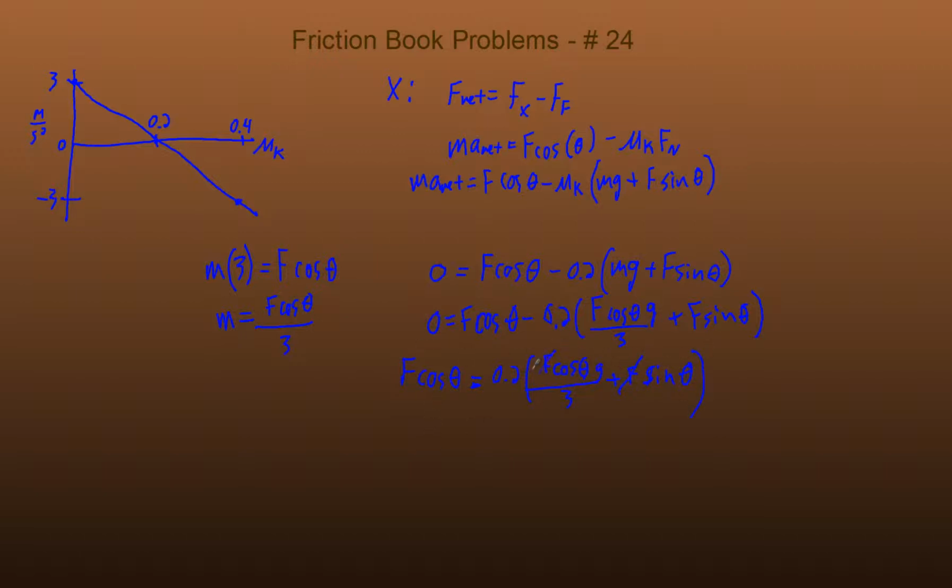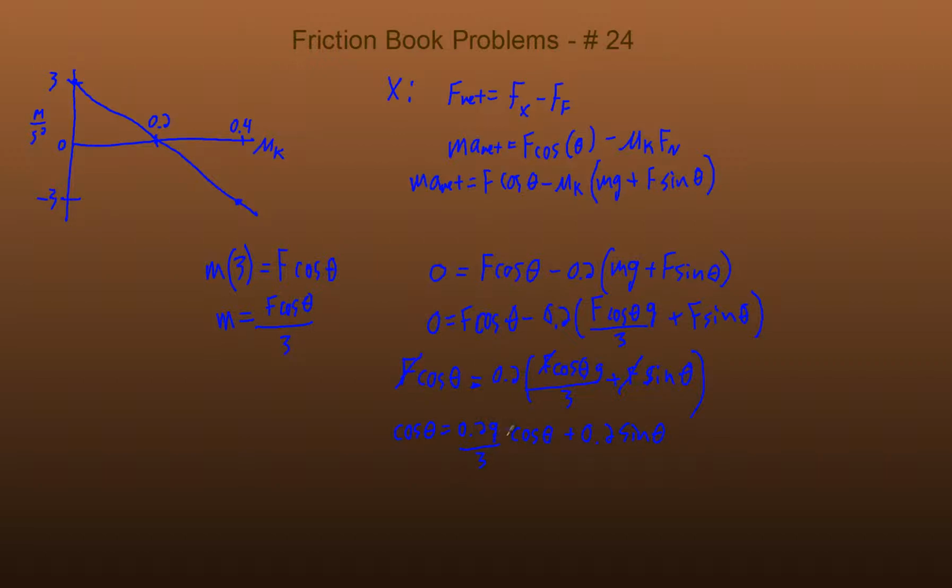And algebraically, that means bye-bye F. So we have cosine theta equals 0.2 times (g over 3 times cosine theta plus sine theta).